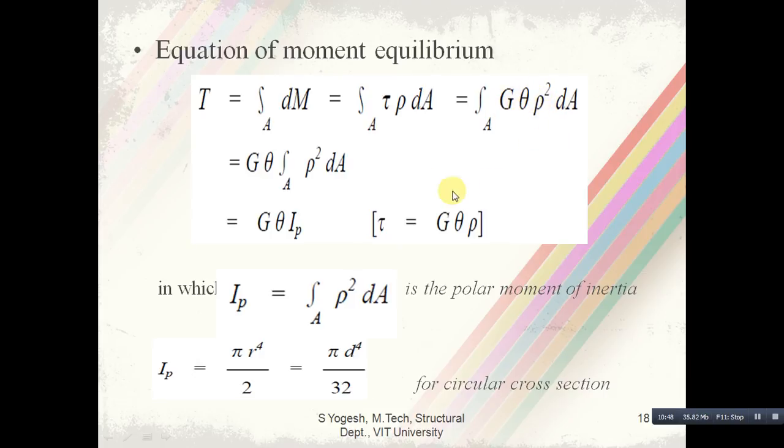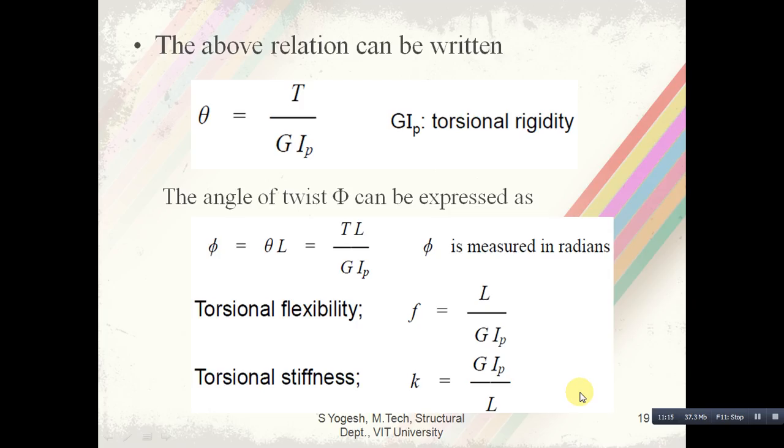Then if we integrate this part, we will get G theta Ip, where Ip is the polar moment of inertia, equal to pi R to the power 4 by 2, or pi d to the power 4 by 32, for a circular cross section. The above relation can be written as theta is equal to T by G Ip, where G Ip is the torsional rigidity.